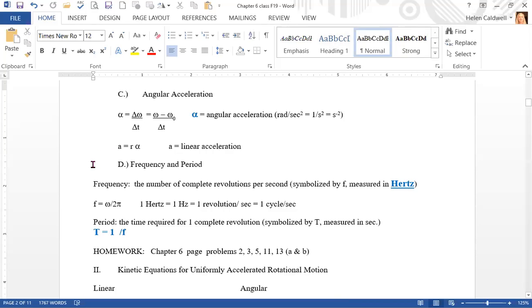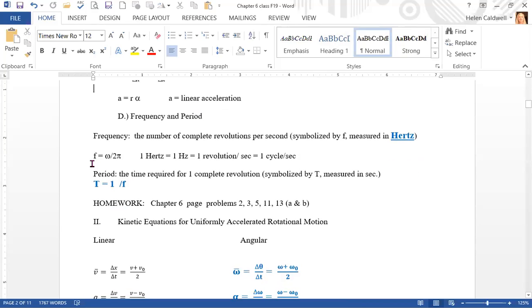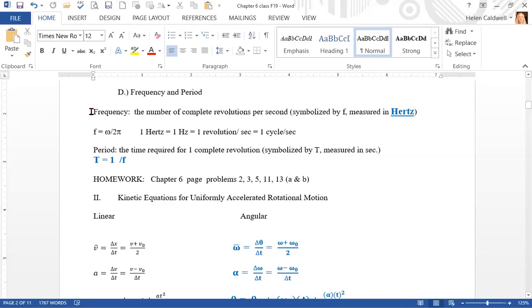All right, frequency and period. We're just hitting all the high points. So the frequency is the number of complete revolutions per second that an object makes when traveling a path. We can think of the frequency in terms of a pendulum's path. So a pendulum swings out and back.